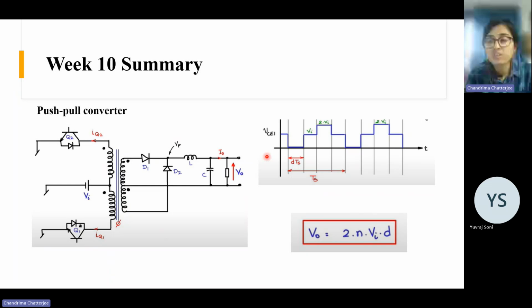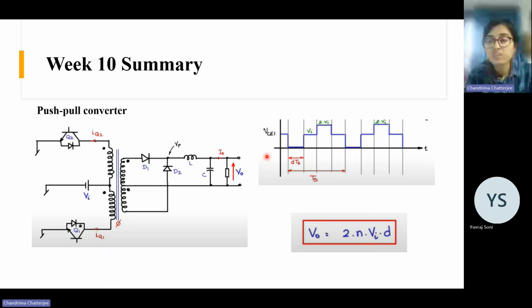When Q2 is on and Q1 is off, the voltage across Q1 is twice the input voltage, because there is the supply voltage and then the voltage across this winding. If you apply KVL in this loop, you will see the voltage across Q1 is 2 VI.